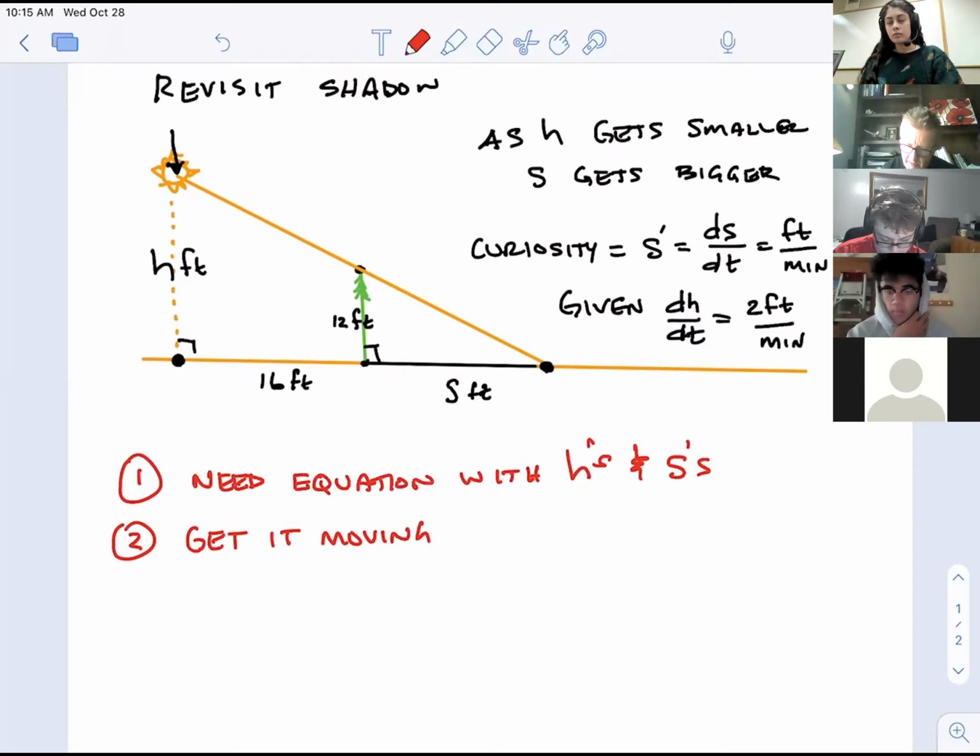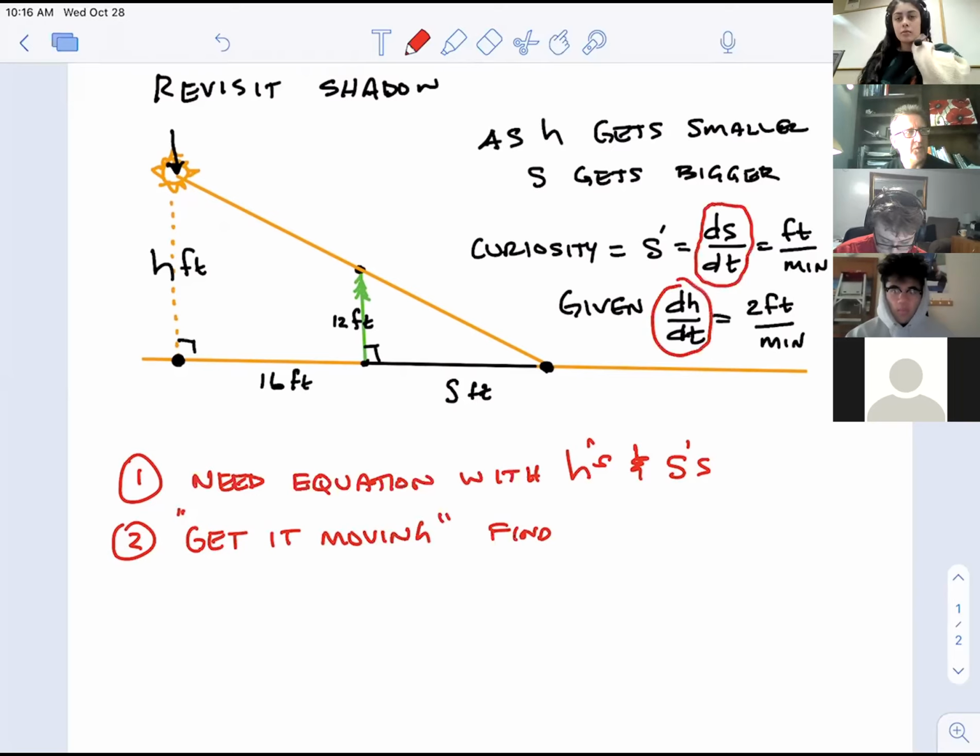Get it moving is sort of code for find the derivative. Take a derivative, because derivatives get things moving. Like, isn't that the key about what was sitting back up here? Those are derivative statements. So I don't want to know about h and s. I want to know about ds dt and dh dt. So that's a derivative.